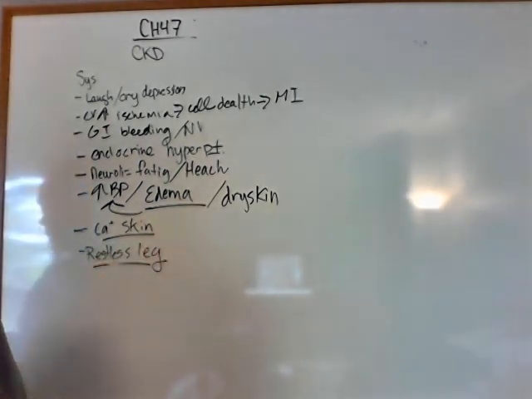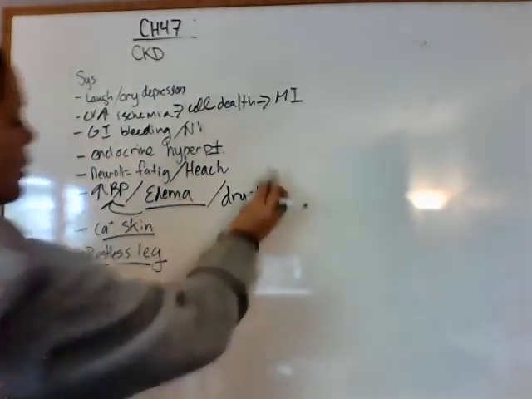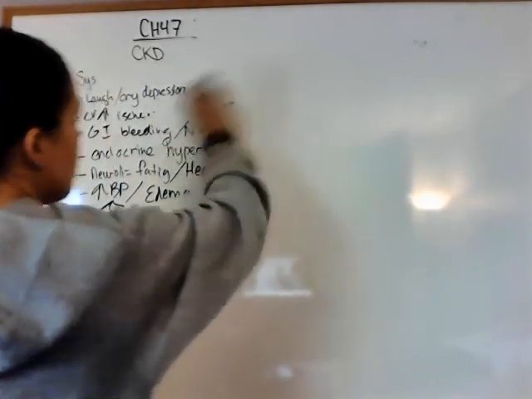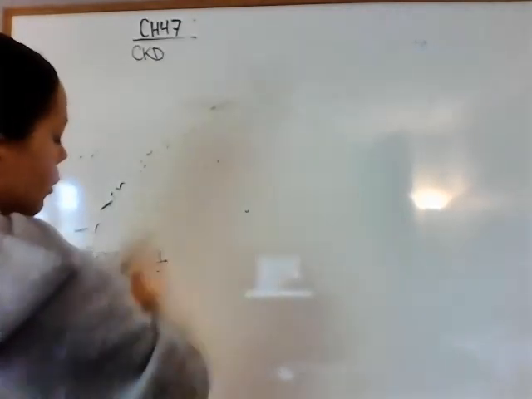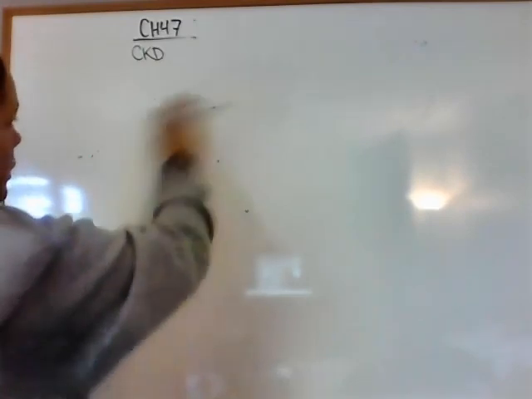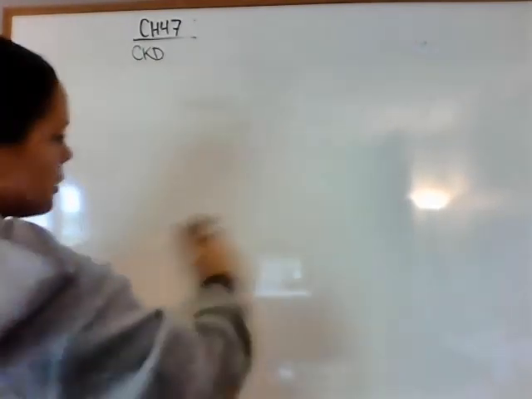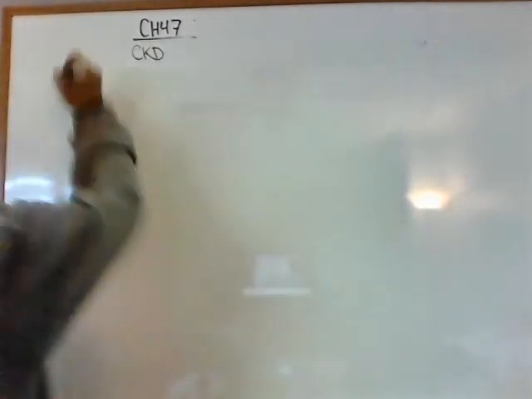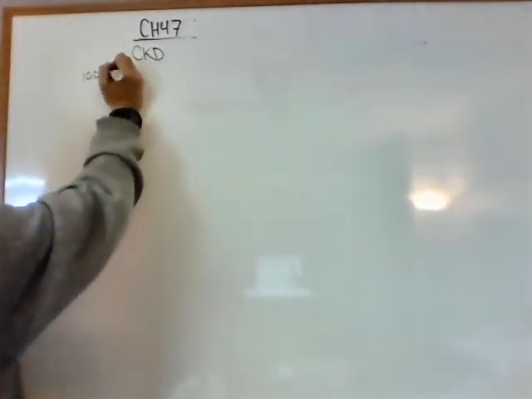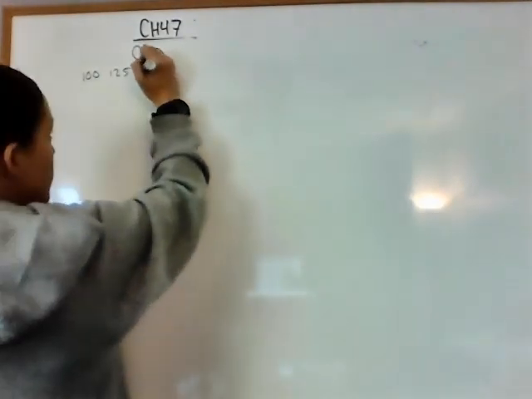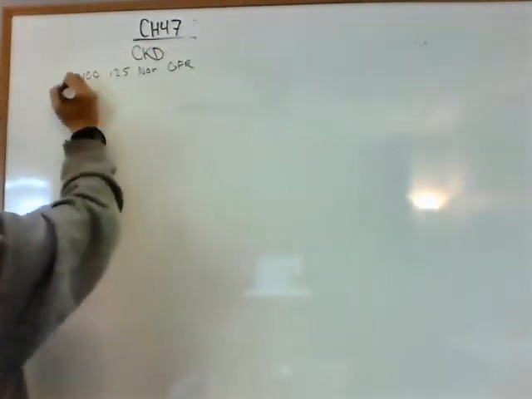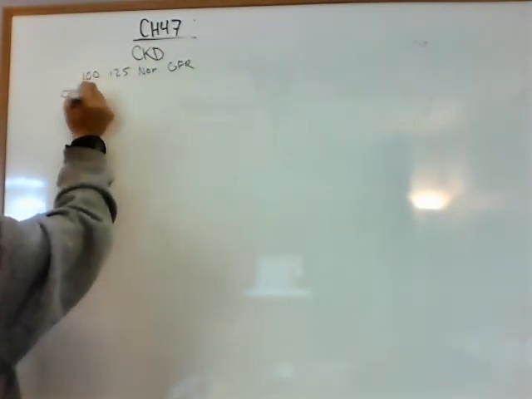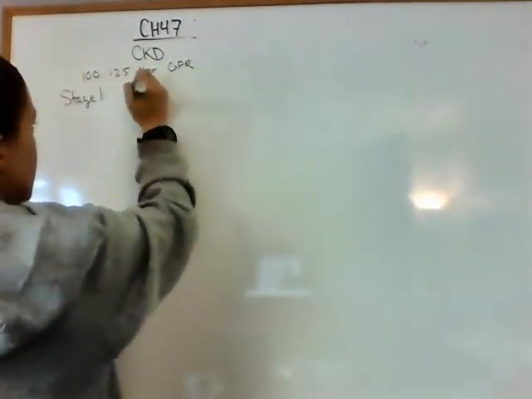Okay. For stages, so let's go through the stages of this. Again, chronic kidney disease is defined by 3 months or more of a low GFR lower than 60. When you're at 10, you are talking dialysis. And again, I've seen it say 100 and 125 as a normal glomerular filtration rate, but it's okay because stage 1 is going to start with 90 or above.